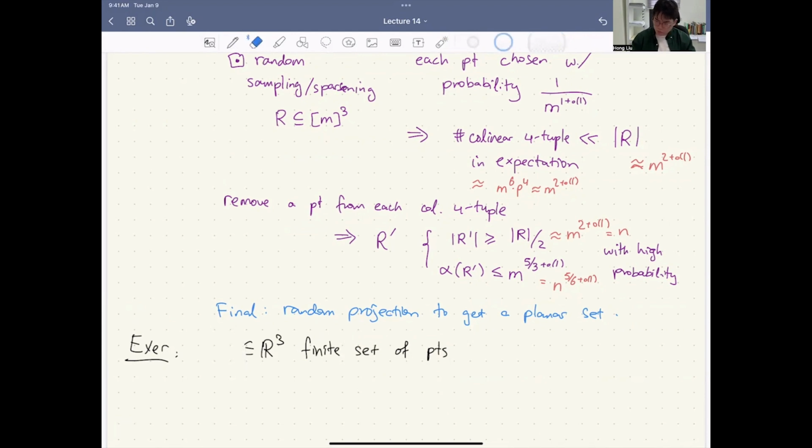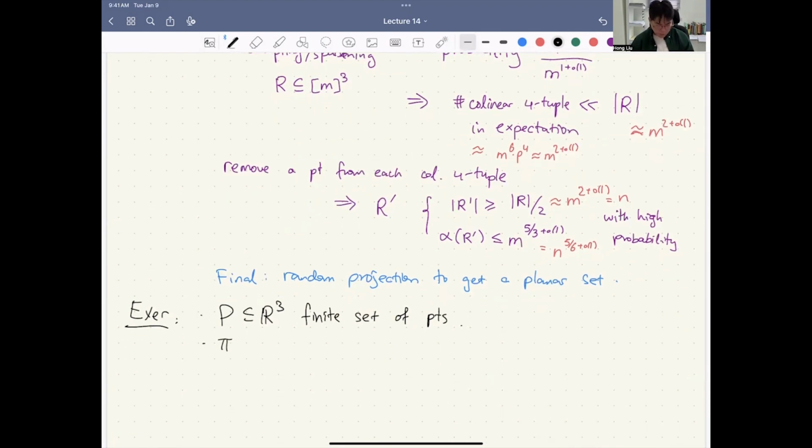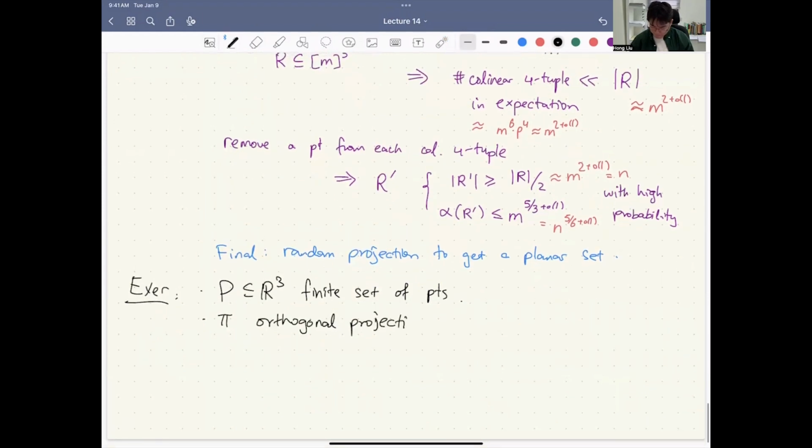Let's call it P. If you take an orthogonal projection of P onto a uniform random hyperplane through the origin, then the collinear triples are preserved.